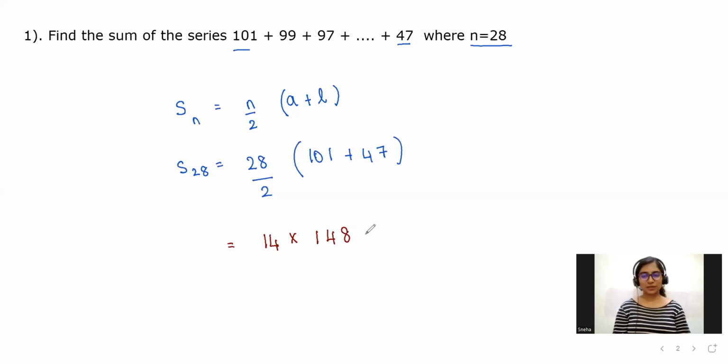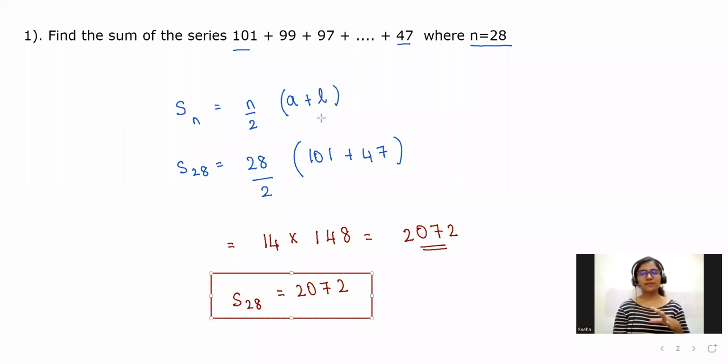So multiply this and tell me how much do you get? So solve this, that would be equal to 2072. That's it. So the sum of 28 terms is equal to 2072 students. Okay, this is a very easy question, direct application of the formula. That's it. Straight away, you'll be getting the answer.